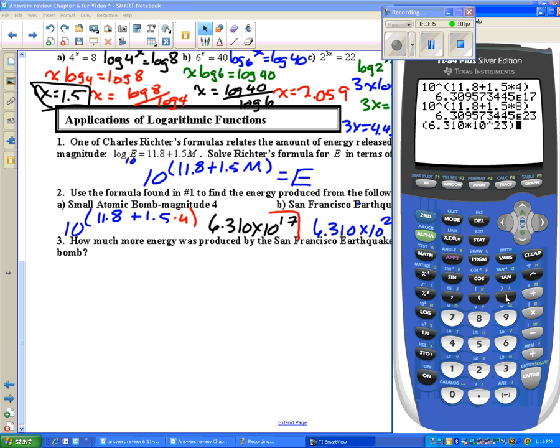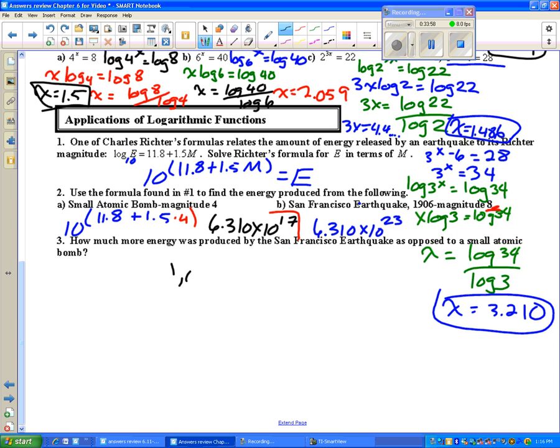That's the San Francisco earthquake. And I want to divide by 6.310 times 10 to the 17th power, the small atomic bomb. Again, I won't need that in parentheses. And I get 1,000,000 times more powerful.